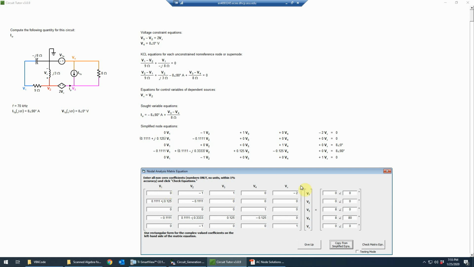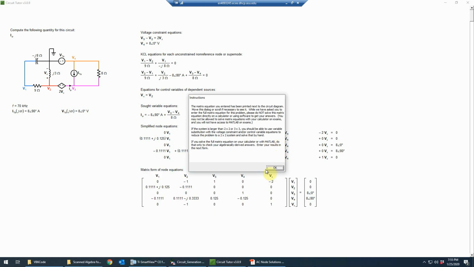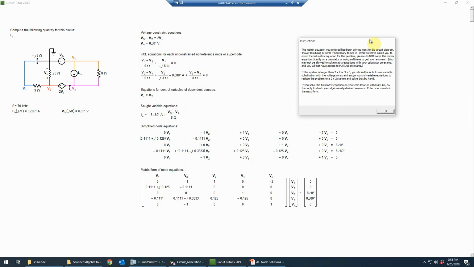So for example, we'd have this coefficient times V1, this times V2, this times V3, this times V4, this times Vx. The coefficients are written across the top here for easy reference in interpreting the equations. And similarly for all the other equations. So we'll check that, and that is correct. And now all of that has been printed on the screen for us.